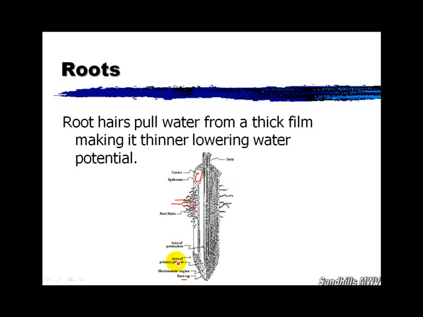Root cap, meristem, area of phloem, area of xylem, root hairs, epidermis, cortex, and stele. All of these words are fair game. All of them are good vocabulary words. You should look them up and understand what these words mean.